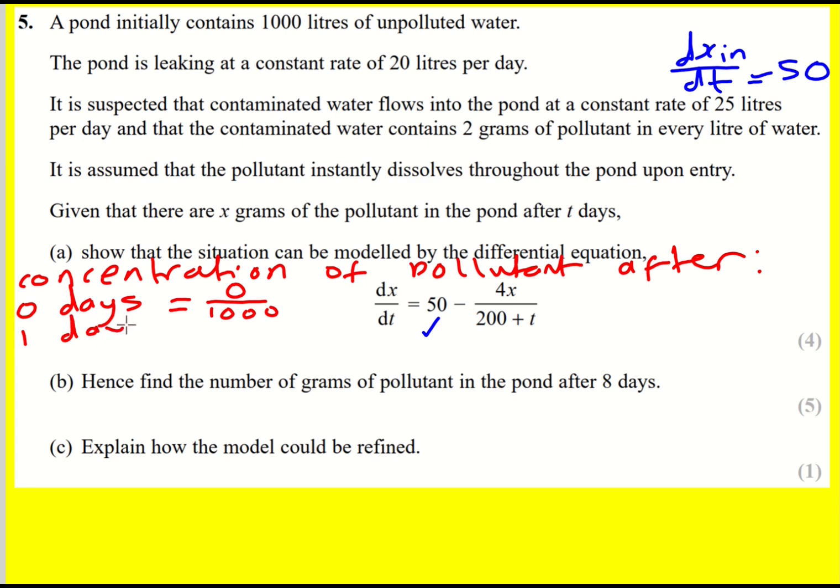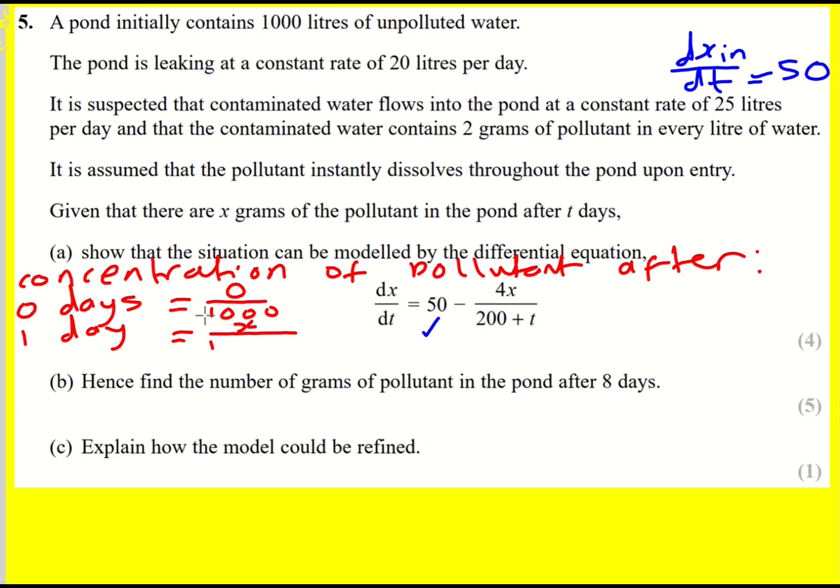Then after 1 day, well, we've got some coming in, of course. We've got 50 coming in, but we've also got some going out. So we can't say it's 50. It's going to be some amount, x, and then we're going to be dividing by, well, there's 20 flowing out, there's 25 flowing in.